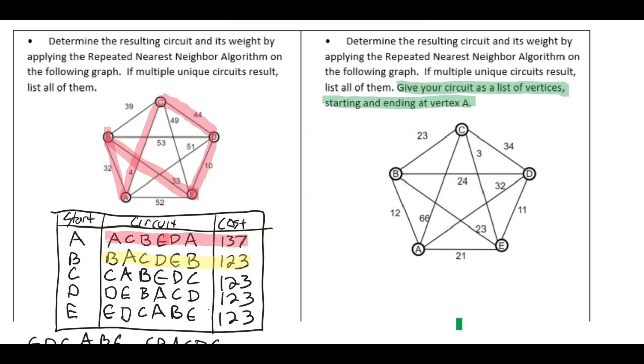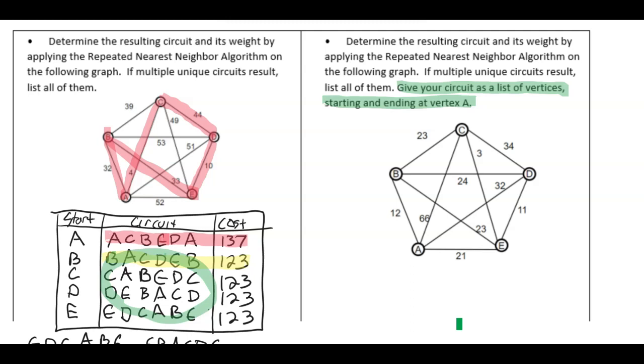Now there could be 2 distinct pathways through the circuit that give you the same minimum cost, in which case you list them both. But as we saw in the example on the left, these are actually all equivalent. They're all the same. And so we only list 2 of the possible 10 versions.